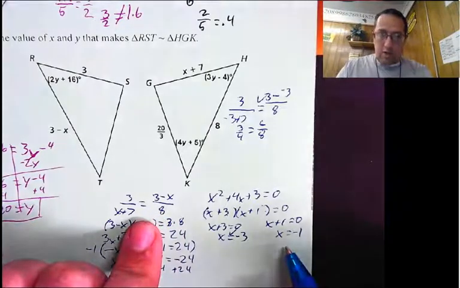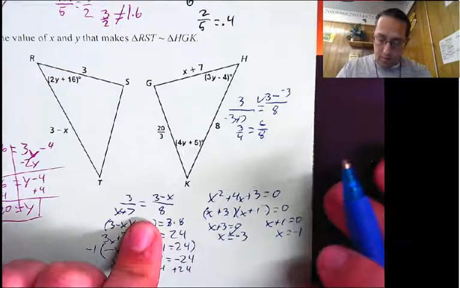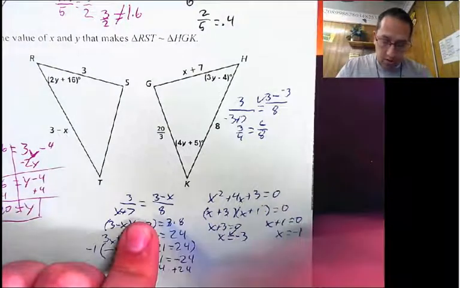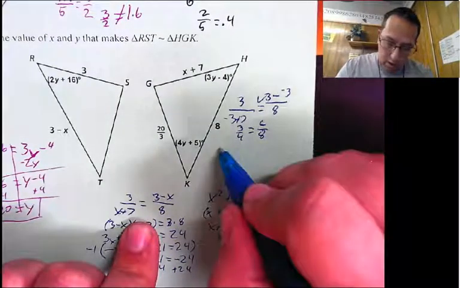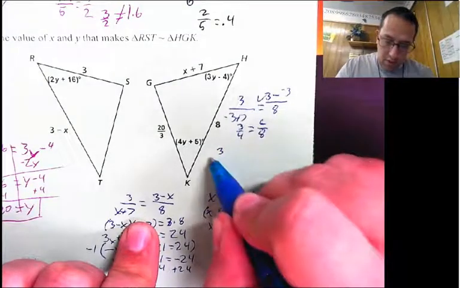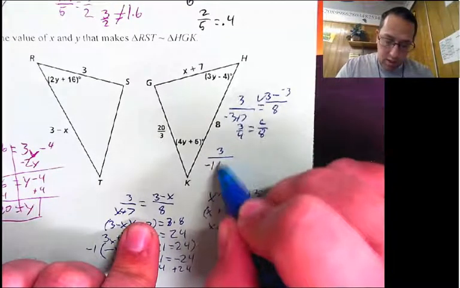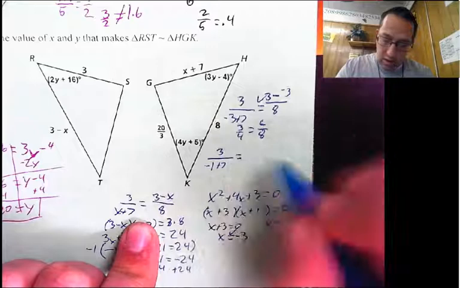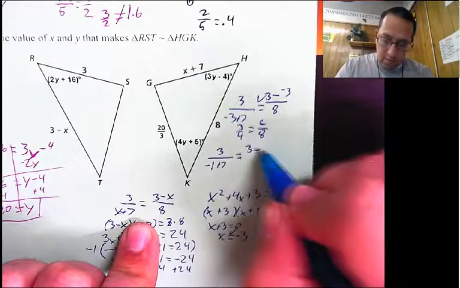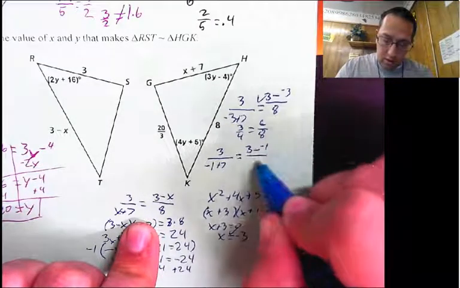Now let's try the negative 1. We're just going to plug it straight into the proportion again. So we have 3 over negative 1 plus 7 equals 3 minus negative 1 over 8.